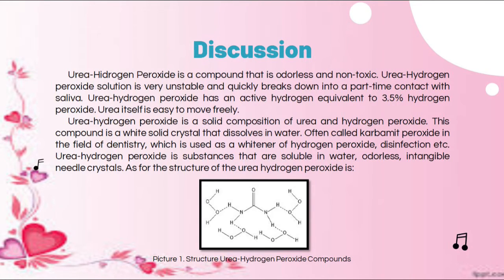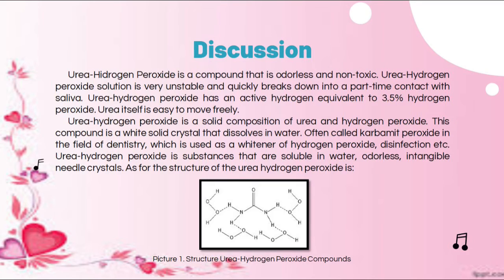Urea hydrogen peroxide is a compound that is odorless and non-toxic. Urea hydrogen peroxide solution is very unstable and quickly breaks down on contact with saliva. Urea hydrogen peroxide is a solid composed of urea and hydrogen peroxide. This compound is a white solid crystal that dissolves in water, often called carbamide peroxide, and is used as a disinfectant.